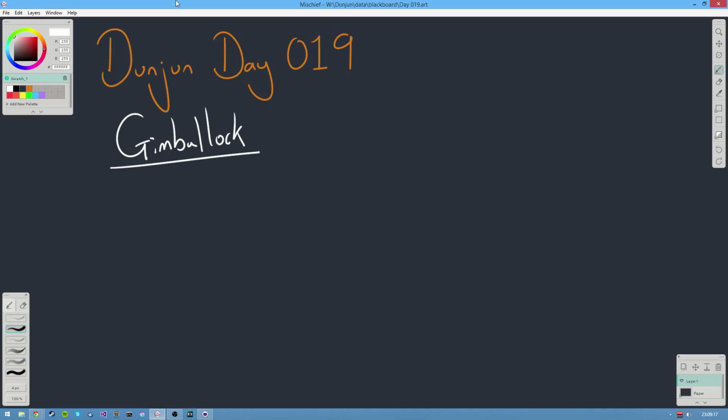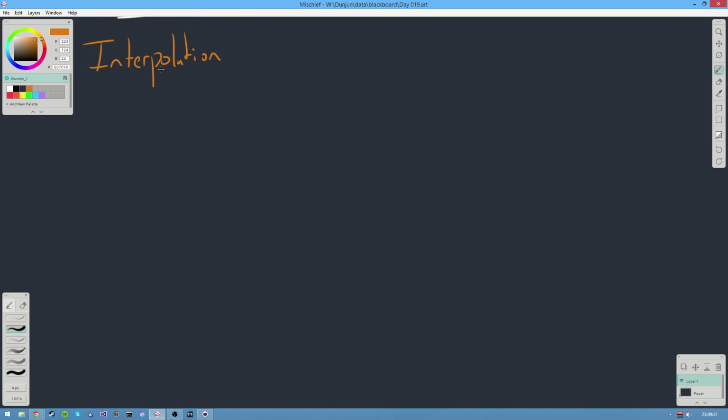The next thing I was going to talk about is interpolation. Now, I'm going to do this as another title, so interpolation. If you've ever heard of interpolation before, the most standard one is called linear interpolation, or LERP.